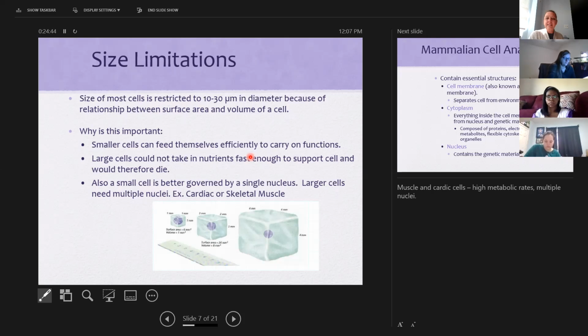But the smaller the cell, the better all of this works. And so that's why we have these limitations on how big a cell can get. Now, don't get me wrong, there are some pretty massive cells in our bodies, but ultimately still pretty small in the great scheme of things.